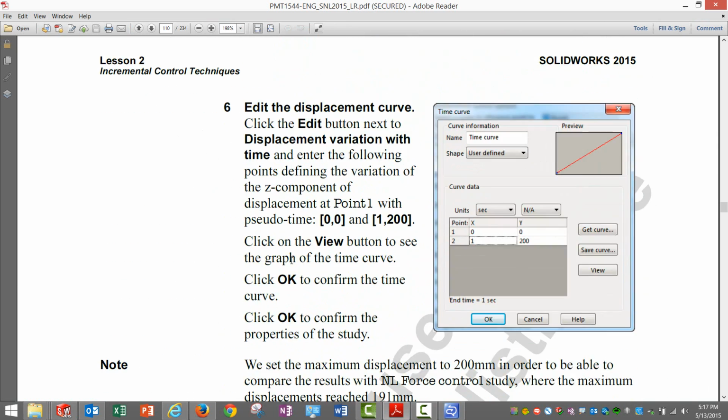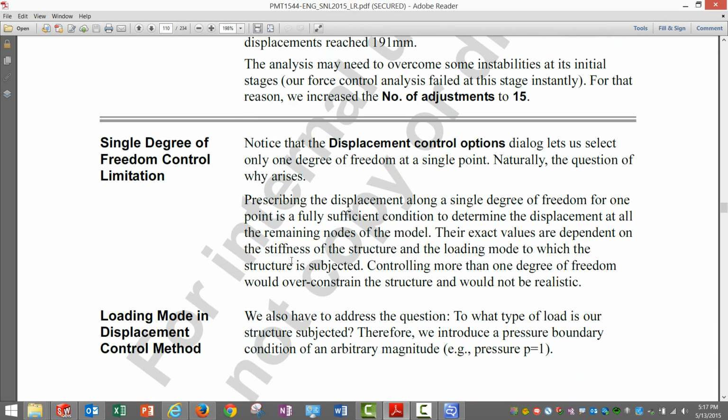Let me check if this text has some more content which I have missed out.